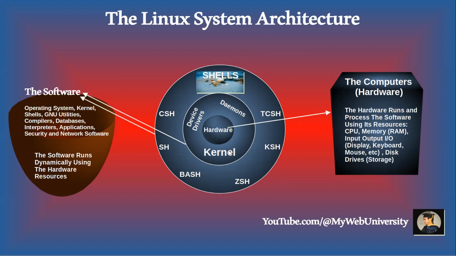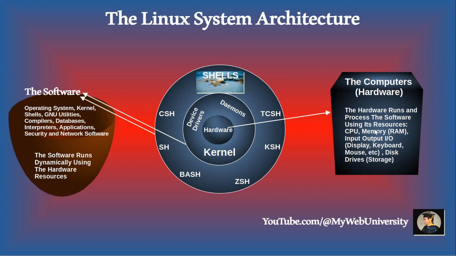The kernel checks for the access permissions and all kinds of security and access control lists. And then if the user is granted that privilege or has the role to do so, the kernel is going to grant it and then provide the input-output from the resources that are available in the hardware.